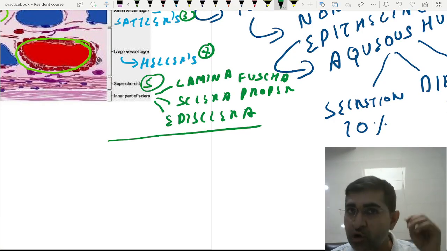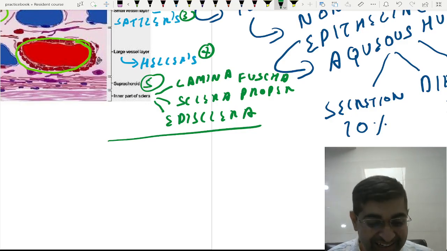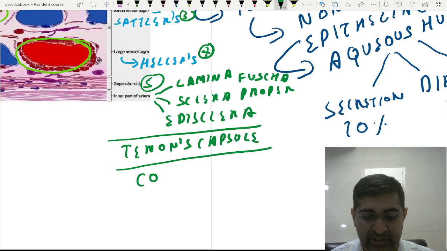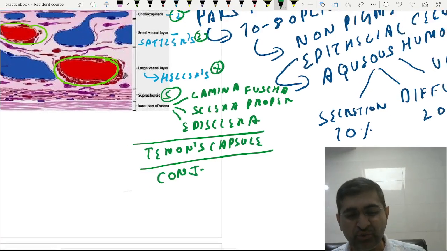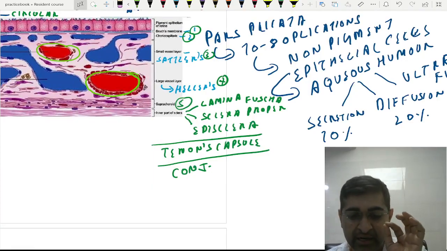And outside the sclera what lies? Don't say conjunctiva. There lies Tenon's capsule, and then there is conjunctiva. So we are just doing touch and go to the sclera: lamina fusca, sclera proper, and episclera.